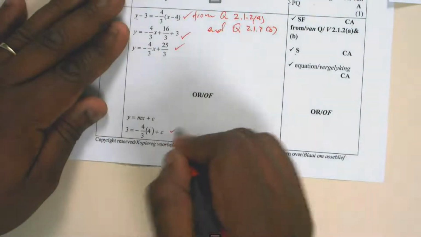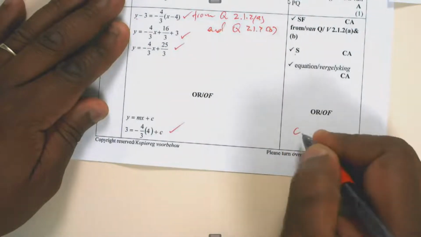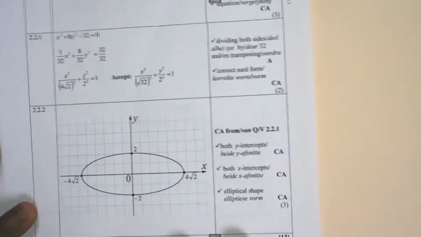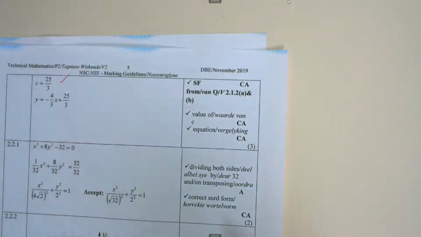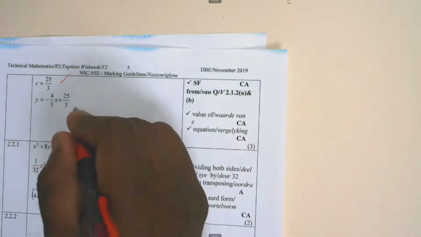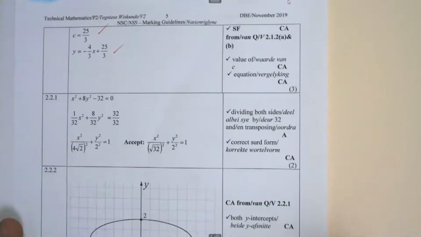The substitution step is this one, colleagues, 1 mark for substitution, and this is your continuous accuracy mark. And then the second mark will be for the value of c, and it's a consistent accuracy mark, and then the equation. The same applies with what we did with 1.4, like I indicated.